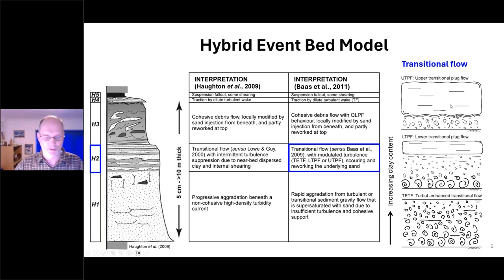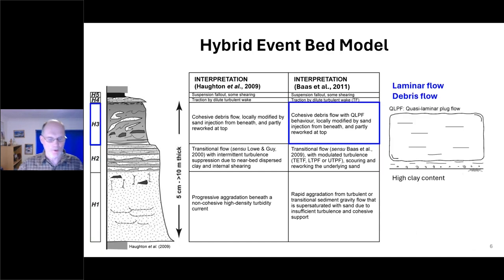And upper transitional plug flow, at the highest clay content, causing the plug to thicken and the near-bed turbulence to be attenuated. It was also proposed that H3 represents a laminar plug flow, agreeing with the original debris flow interpretation.